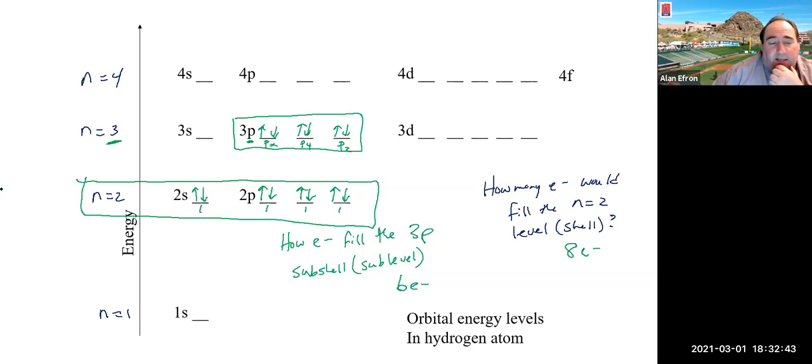And lastly, if I ask something like how many electrons in a 4d orbital, what would the answer be on that one?